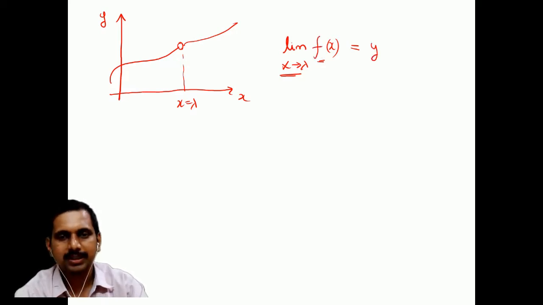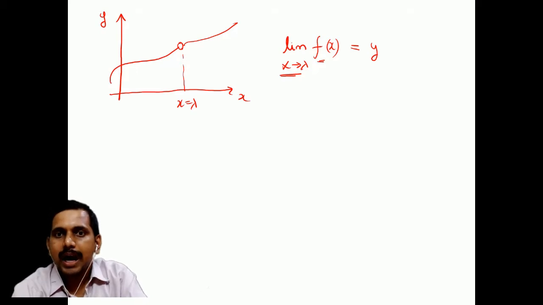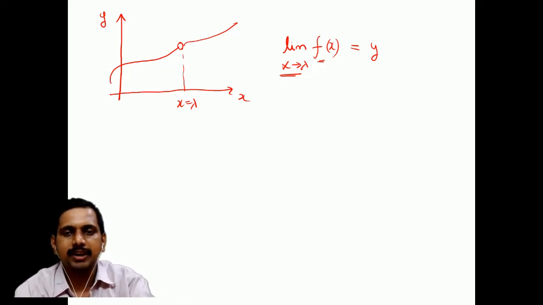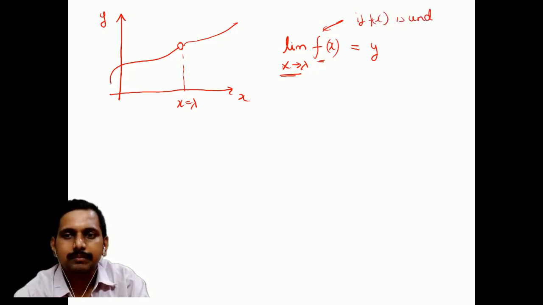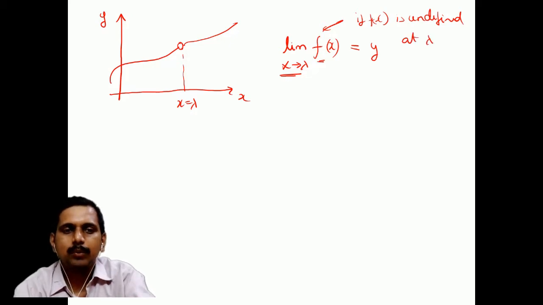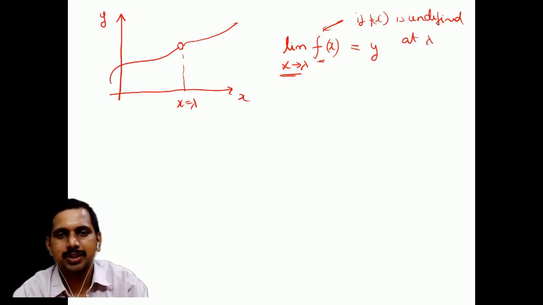Now as x tends to lambda, what would be the value of y, because initially f of x is not defined at lambda. If f of x is undefined at lambda, then what would be that approximation as x tends to lambda?